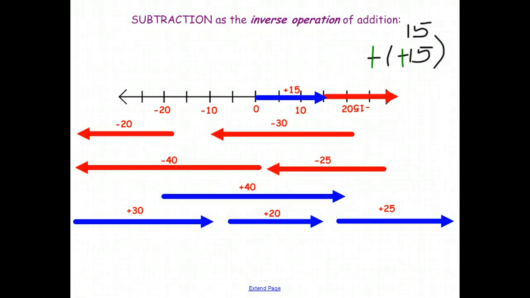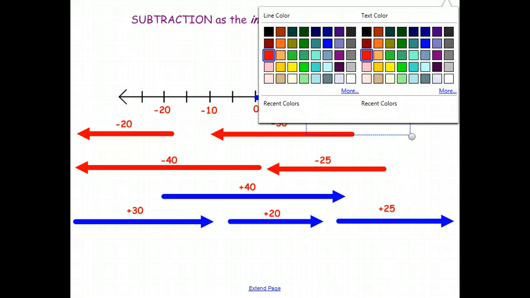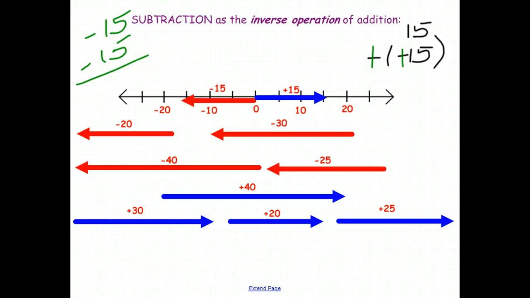Now let's say we did this backwards. Flip this again. And we had negative 15 minus a positive 15. Well, in this case, we're going to start with the negative 15. And we can't just add a positive 15 on top of it, because that would be the same as adding positive 15.